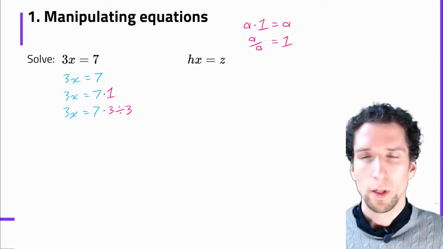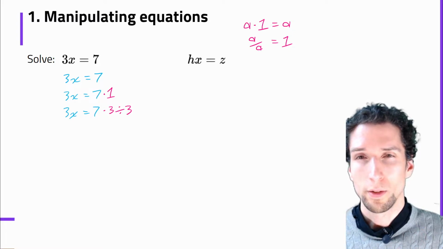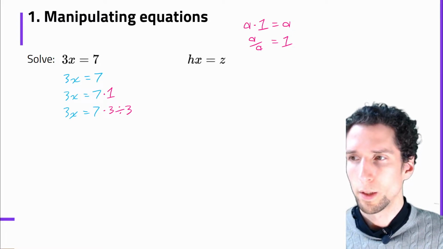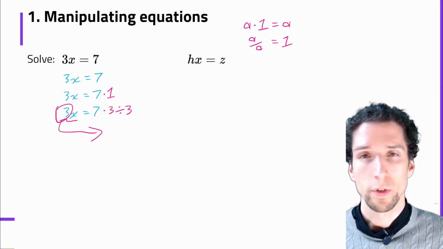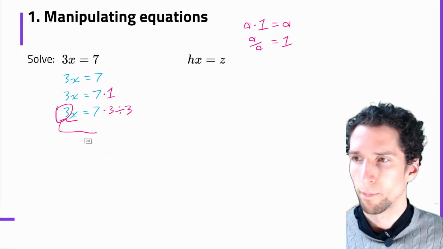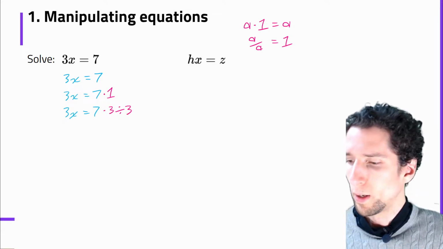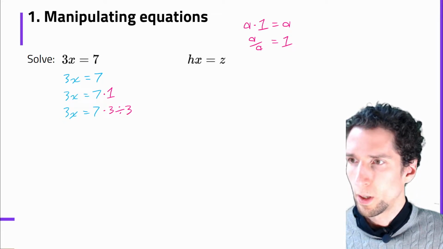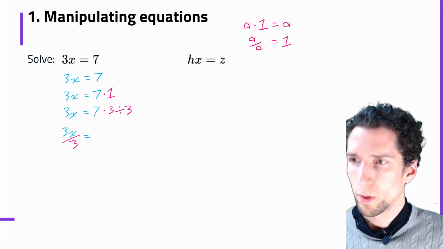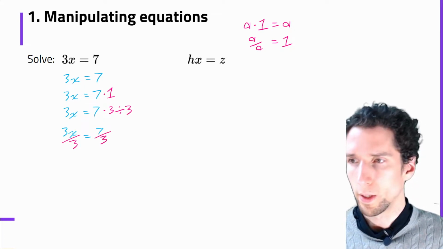But then also we don't want to multiply by 3. We want to divide by 3 on both sides because we have a 3x and we want this 3 to go over to the right side. So then we will instead do 3x over 3 equals 7 over 3, like this.